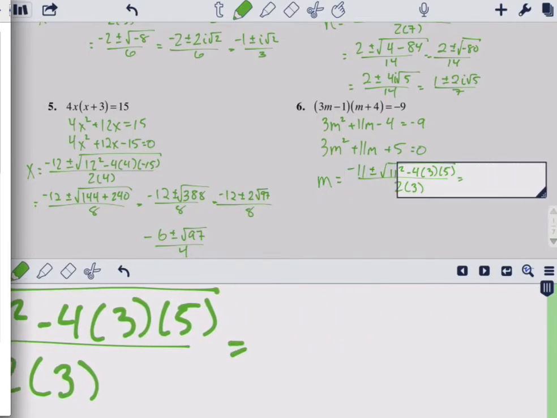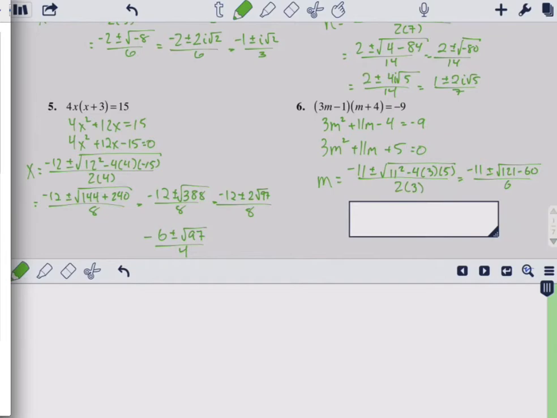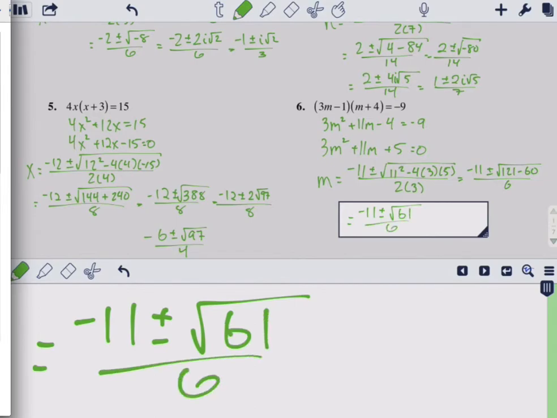Okay, so negative 11 doesn't change, plus or minus 11 squared is 121. 12 times 5 is 60, all over 6. And that is now negative 11 plus or minus the square root of 61 over 6.